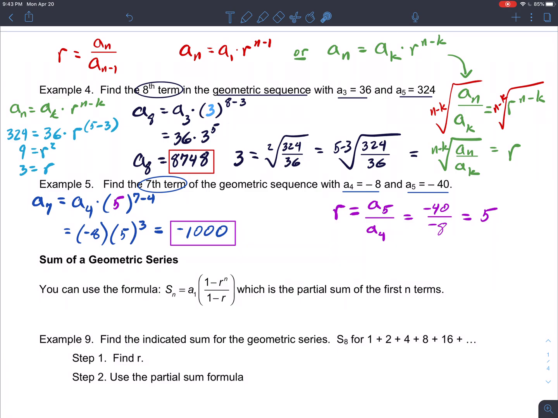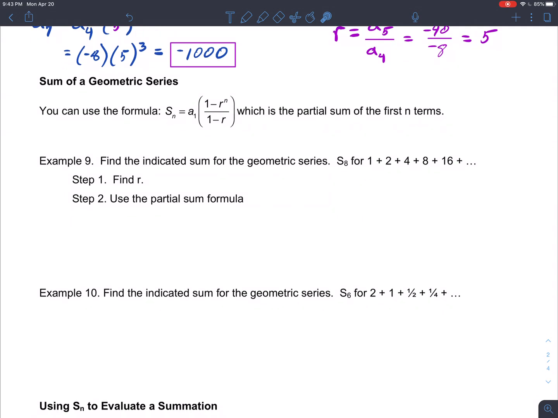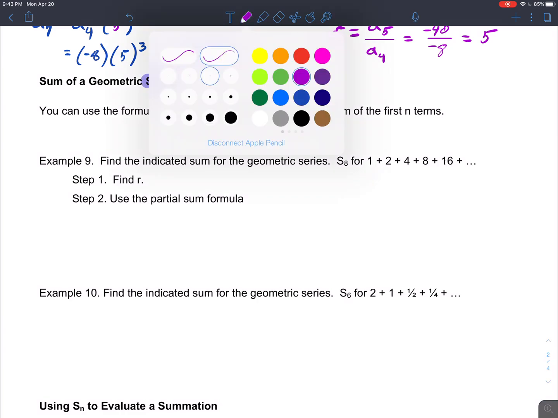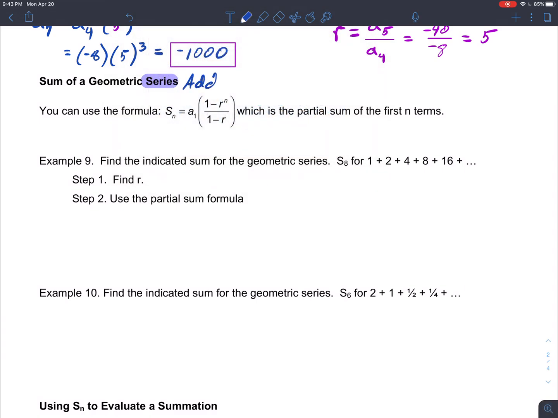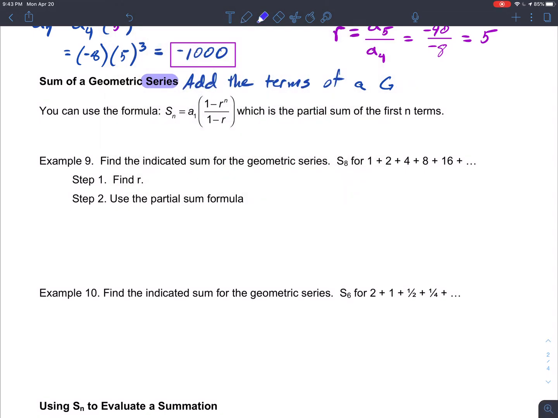Okay. Let's talk about geometric series. A series is when you add up the terms of a sequence. So if I add the terms of a geometric sequence, I'm going to get a series.